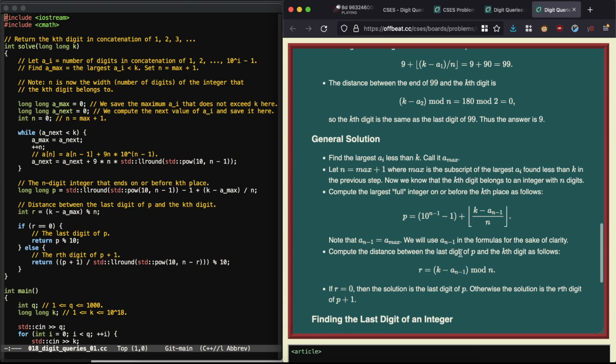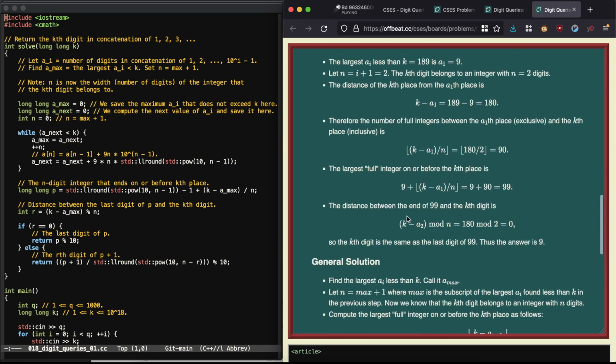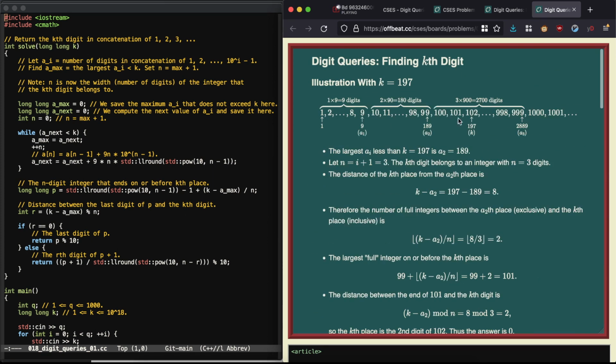Then compute the distance between the last digit of p. So this is that second peg number. If you go back to this example, this is our integer p, which we have arrived at by adding this one, which was expressed as 10 to the n minus 1, and yes, this is p.